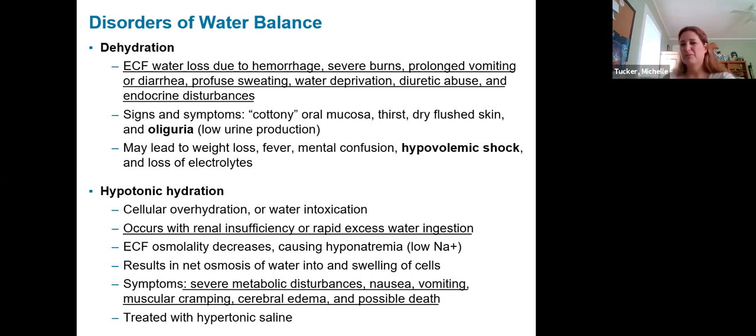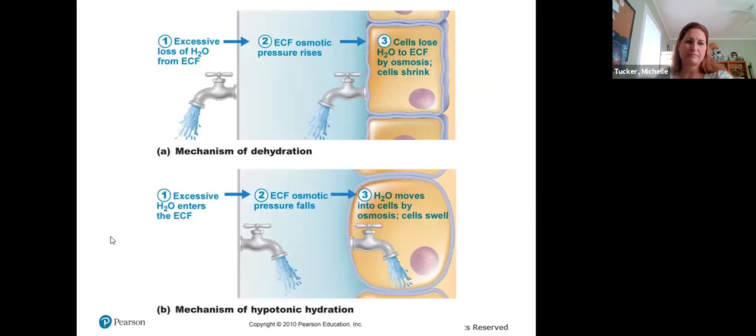But marathon runners are pretty aware that they've lost a substantial amount of fluid, and so they will go above and beyond what their thirst response is, because they're like, well, I need to rehydrate. But if they overhydrate, then their cells can go hypotonic. Dehydrate, cells shrink. Overhydrate, cells swell.